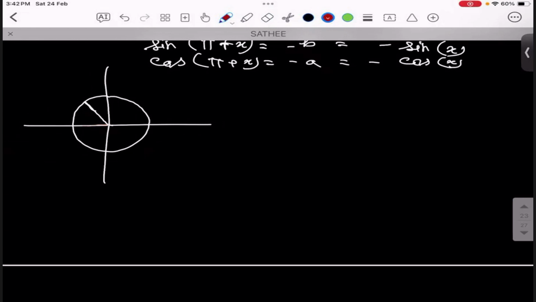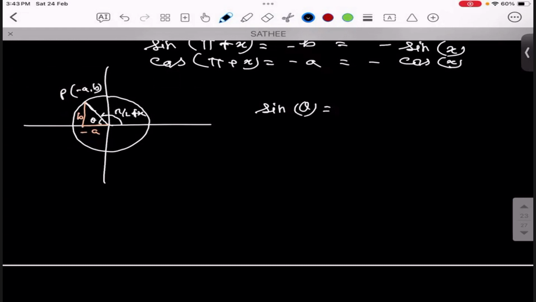This is the point minus a, this is our b. And this is the angle pi by 2 plus x. But what about this thing? So this is theta.